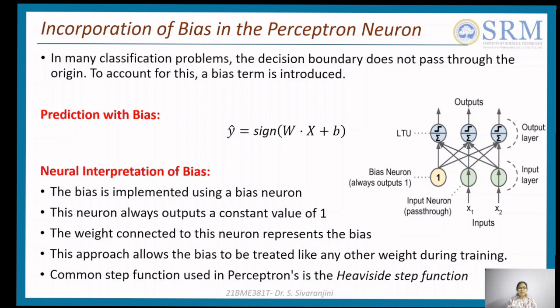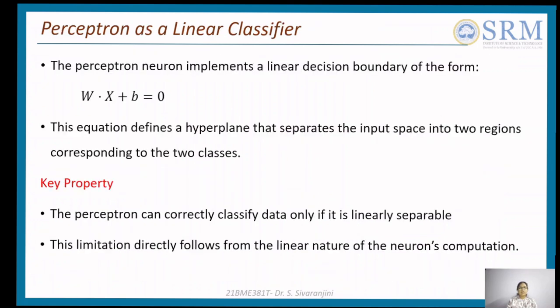The common step function that is used in the perceptron is the Heaviside step function, used for the linear computation inside the network. So moving on, we will be seeing how the perceptron acts as a linear classifier.